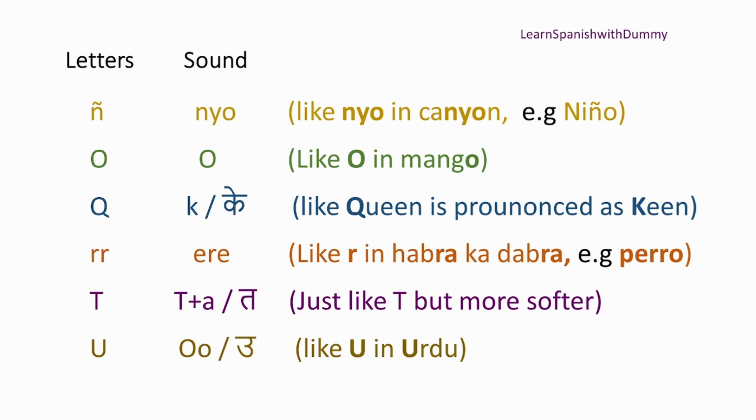Let's get some examples to understand it. We have the word tiger, right? Tiger in English. Now my Spanish friend says tigre, because T becomes ta in Spanish. It's like T, but a pretty softer one.